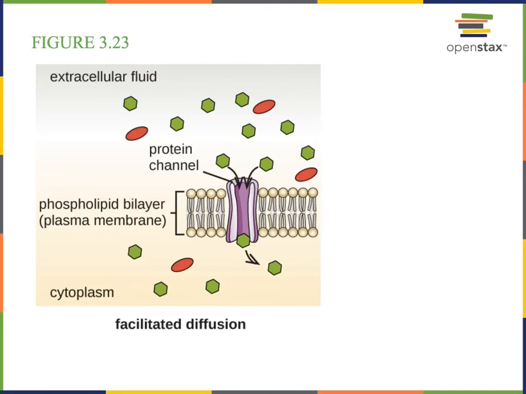In doing so, it goes down its concentration gradient again, so there's no energy required. It goes from high concentration out here to low on the inside, and this channel basically facilitates the movement of this thing across this semi-permeable membrane. So it creates a channel or a hole that allows it to flow through, as opposed to it having to battle its way through the phospholipid bilayer.